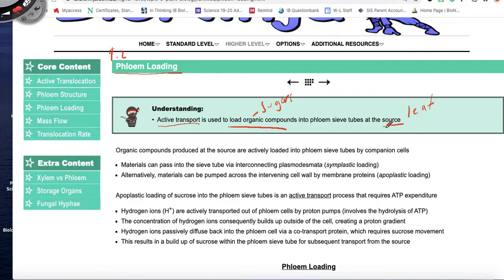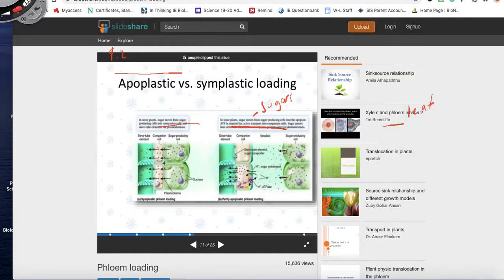So how do we get the sugar that is being produced via photosynthesis at the leaf into the phloem? So the answer is that it depends. Some plants, let me show you this picture here.